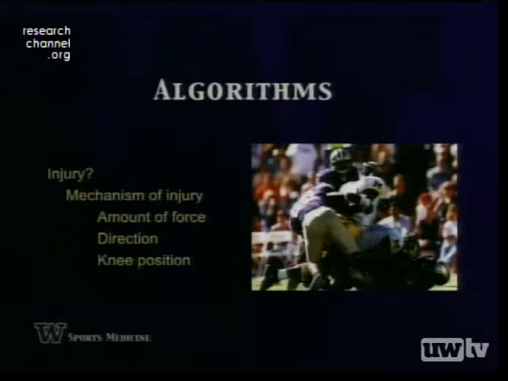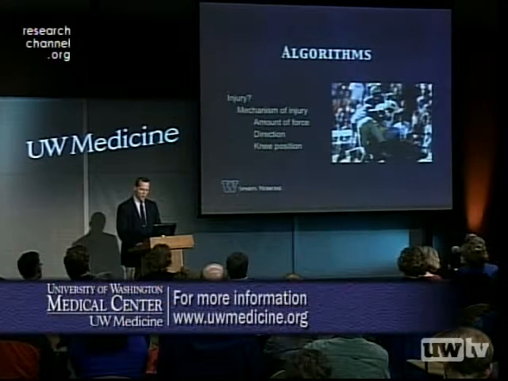It's a big difference whether you hurt yourself when you're bending over or whether you hurt yourself in a car accident, because the amount of force is a lot different. The other things that help to decide and figure out what the matter is: what position was the knee in, what direction did the body go, and what direction did the knee go. So those are all helpful bits of information.